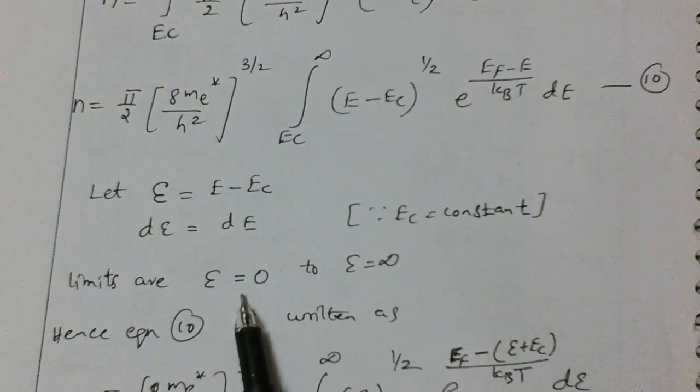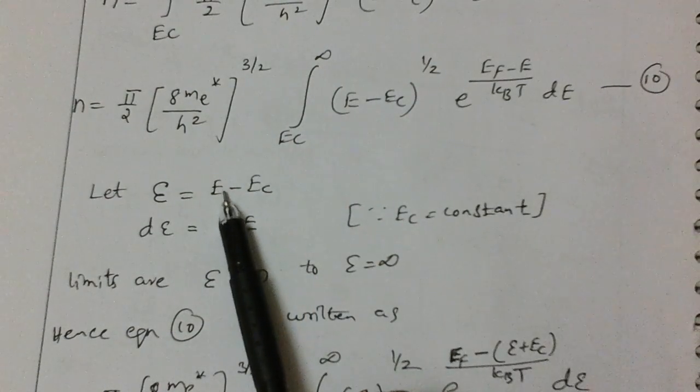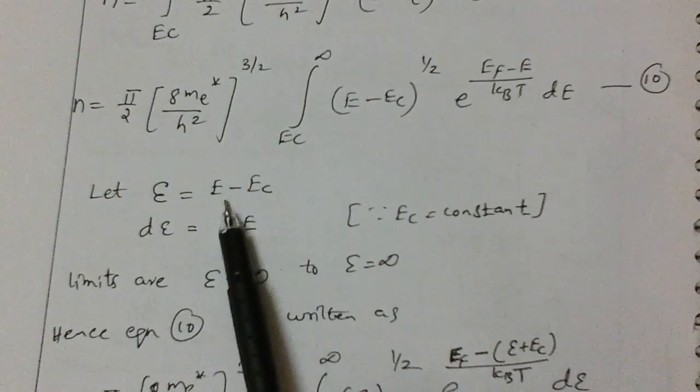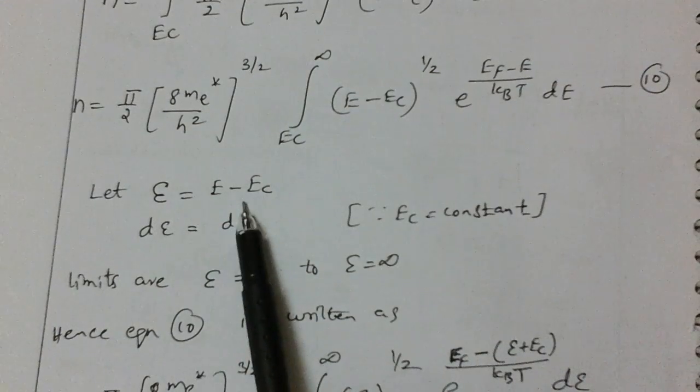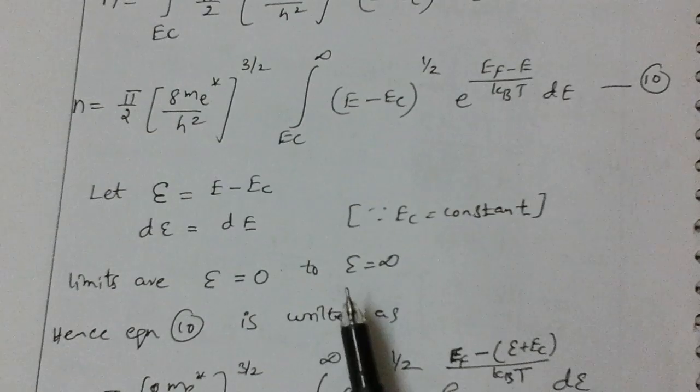Next, the higher limit: if I substitute infinity in the place of E, infinity minus E_C is infinity only, so e is equal to infinity. These limits also we got.